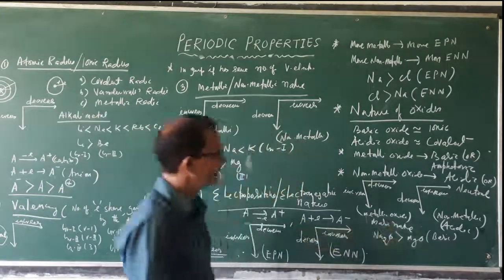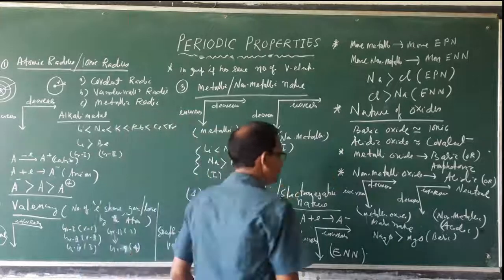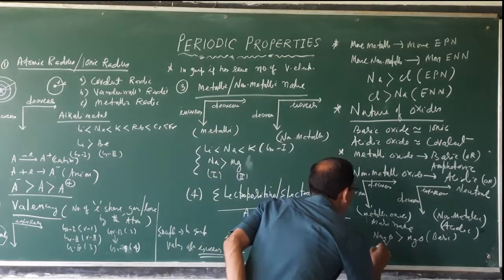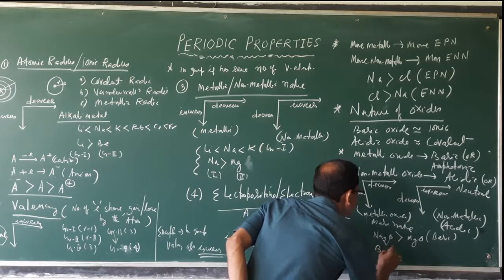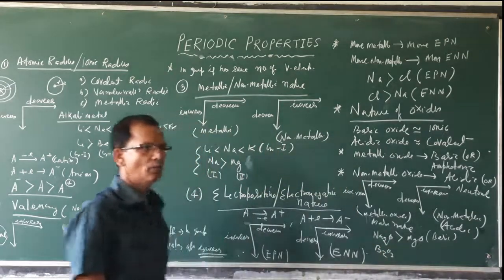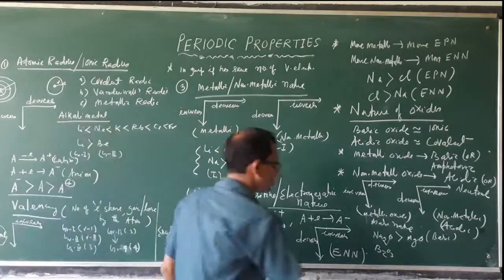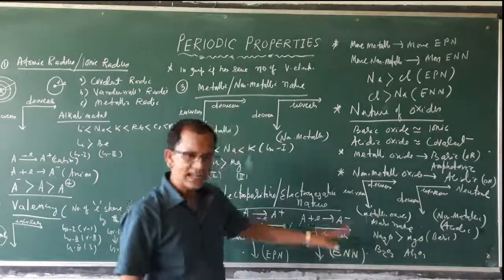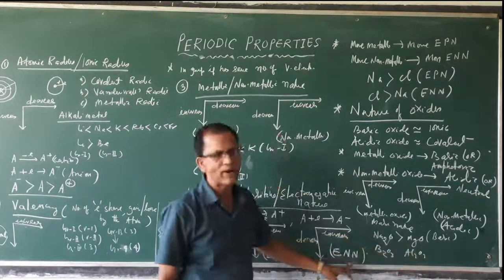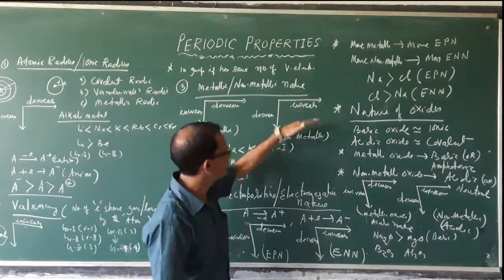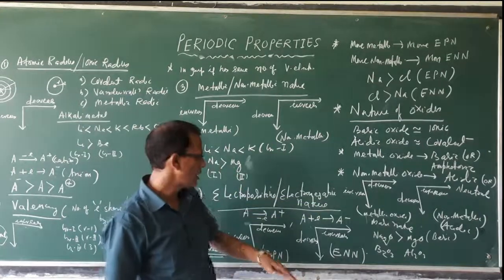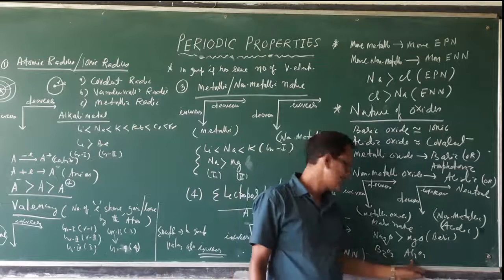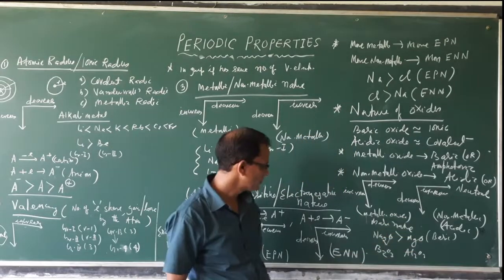Suppose you compare the acidic character of boron oxide and aluminum oxide. They are in the same group, the boron family: boron, aluminum, gallium, like this. Boron is at the top and aluminum is at the bottom.